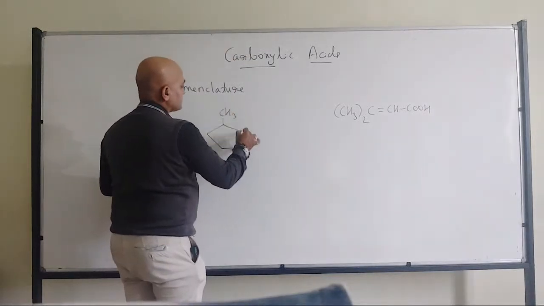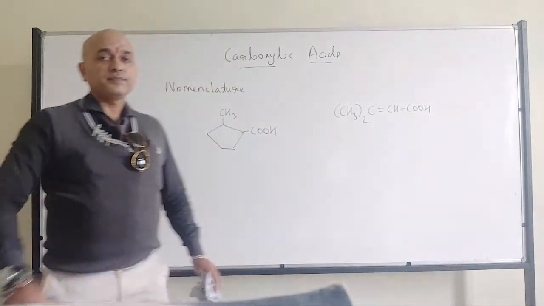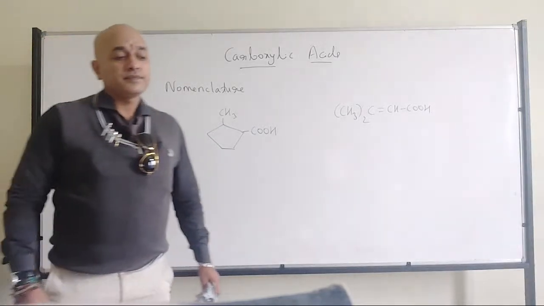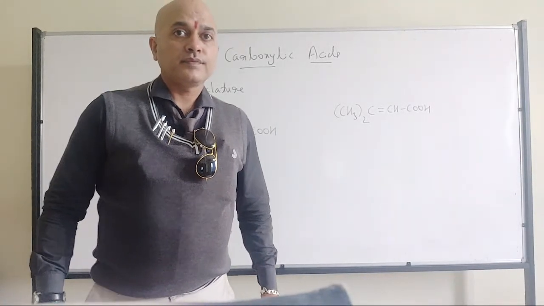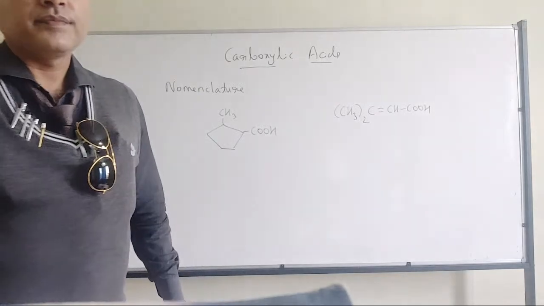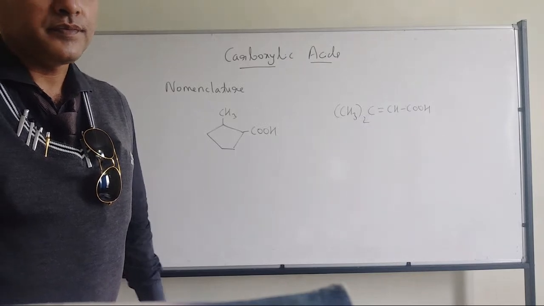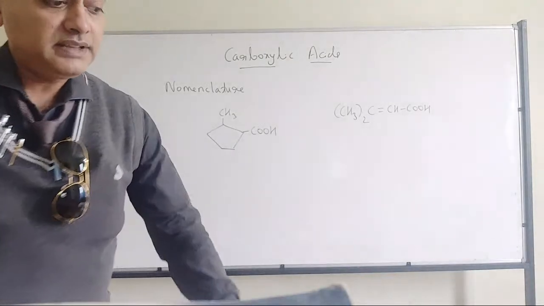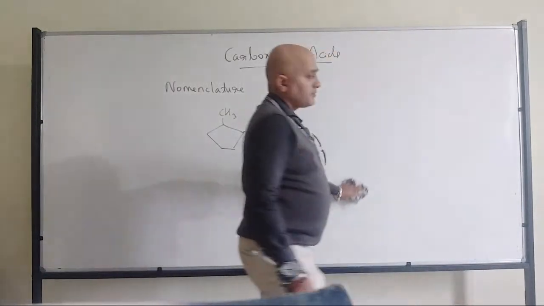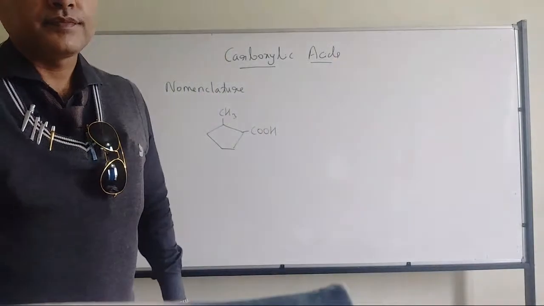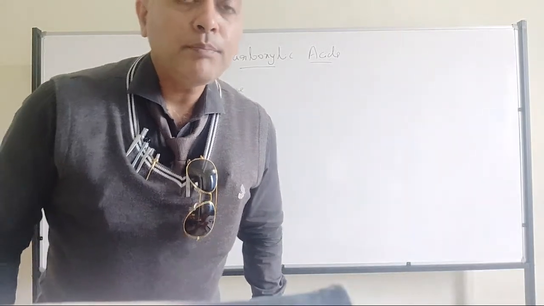CH3, COOH. Okay. So what will be the IUPAC name? Hmm? 2-methyl cyclopentanoic acid.